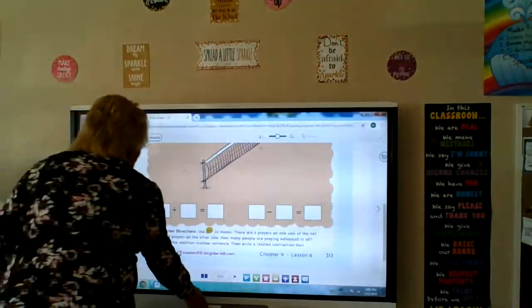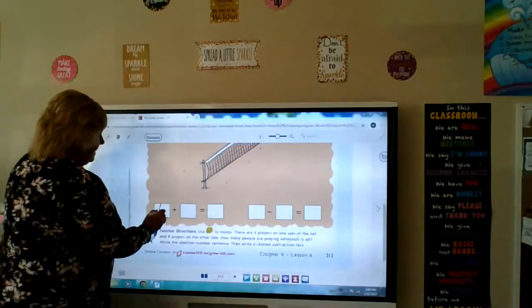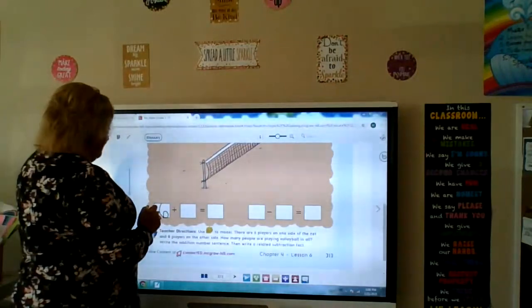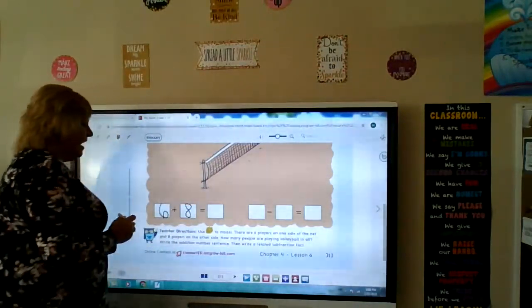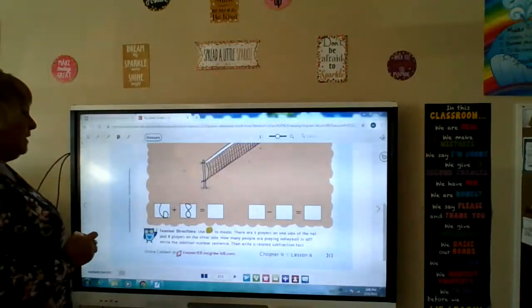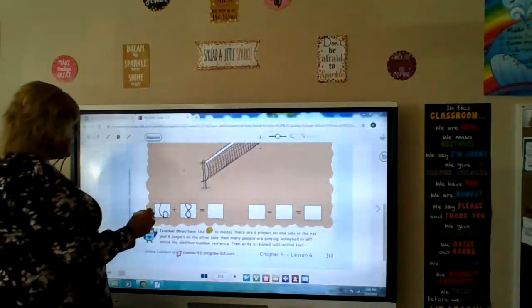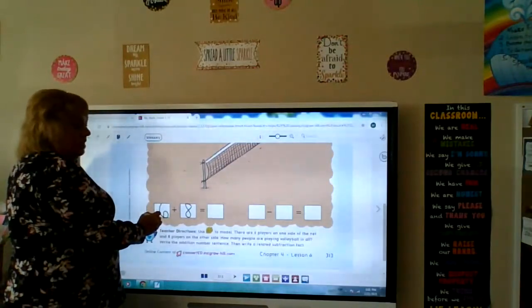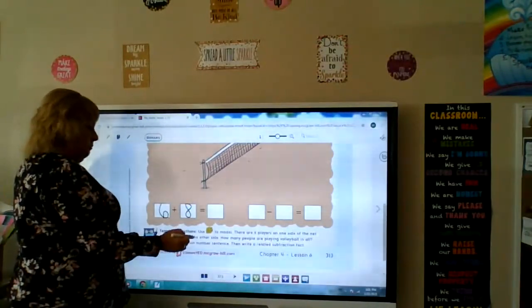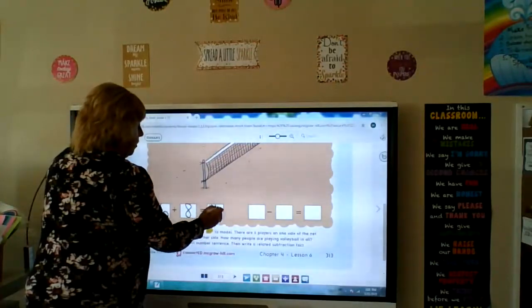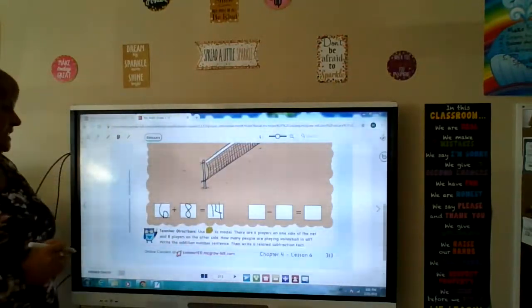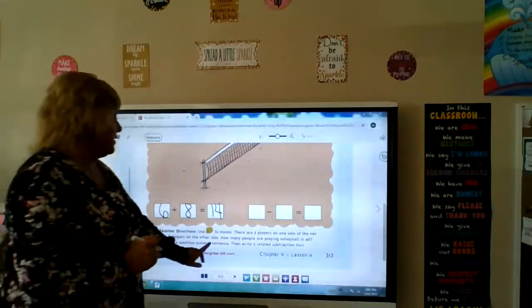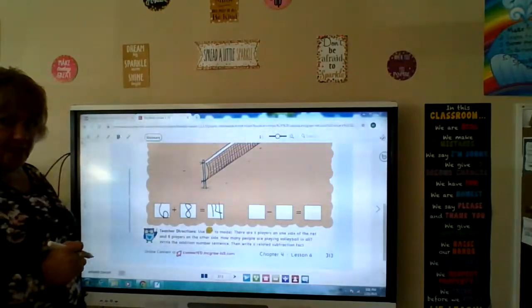It says there are 6 players on one side of the net and 8 players on the other side. How many people are playing volleyball in all? Well, I know that 6 plus 6 is 12, so 6 plus 8 is 2 more than 12, or I have that memorized that it's 14. Now we're going to write a related subtraction fact.